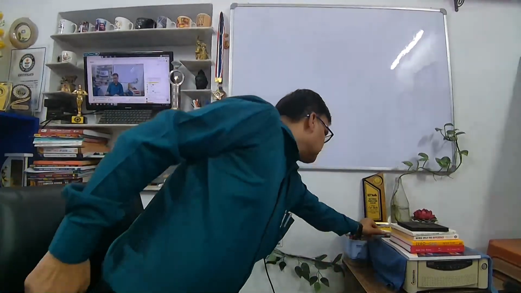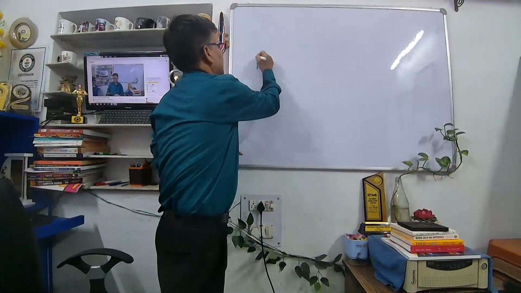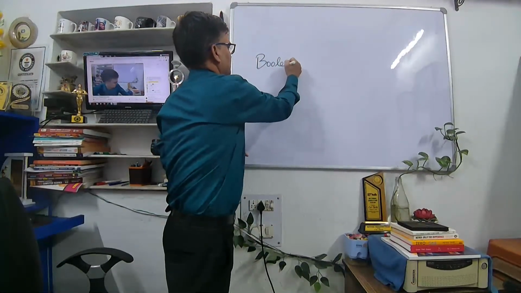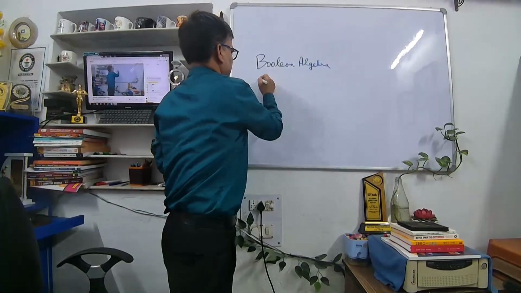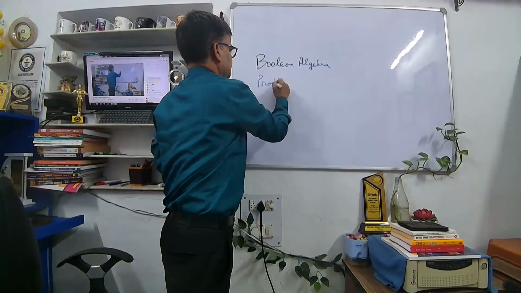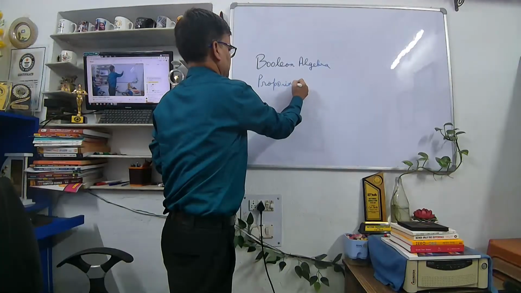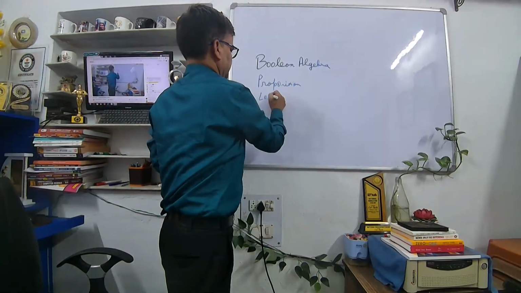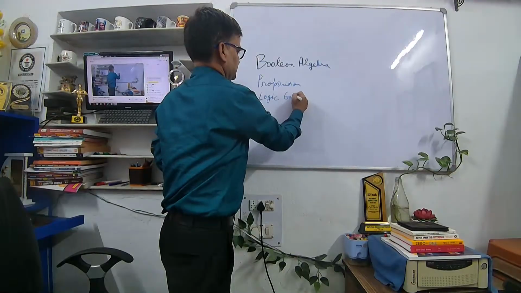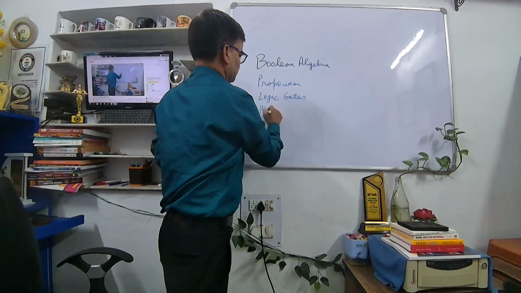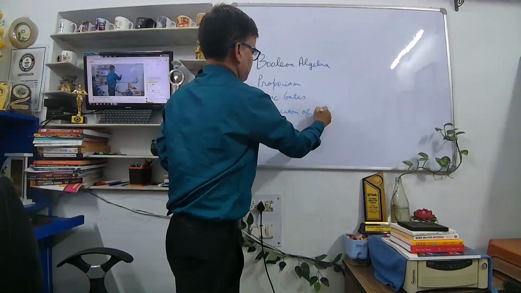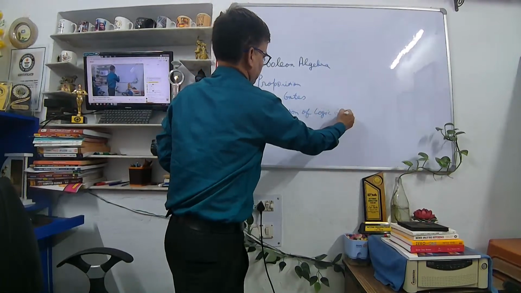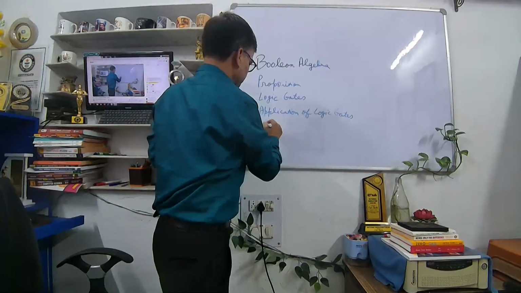That is, first of all, Boolean algebra, then propositions, logic gates, application of logic gates, and then Java.